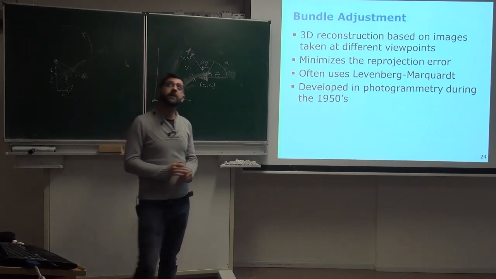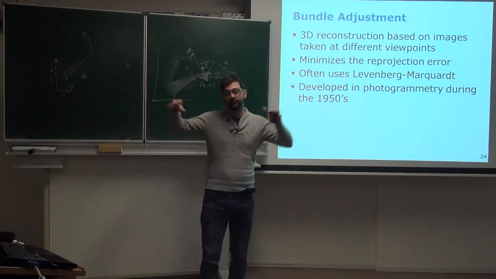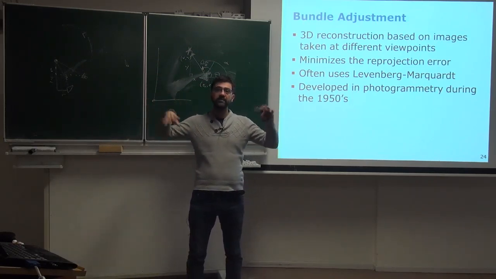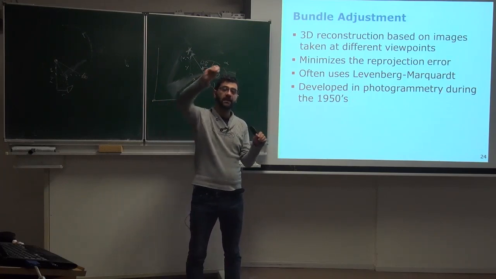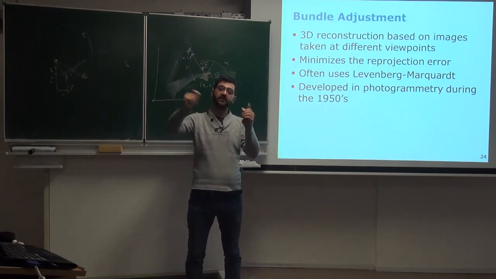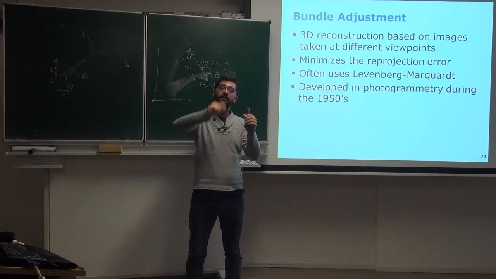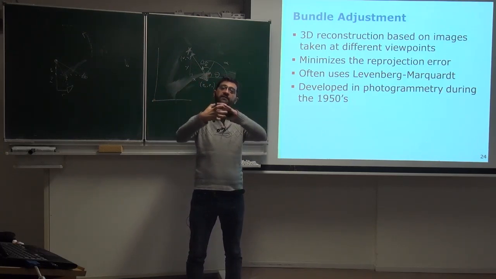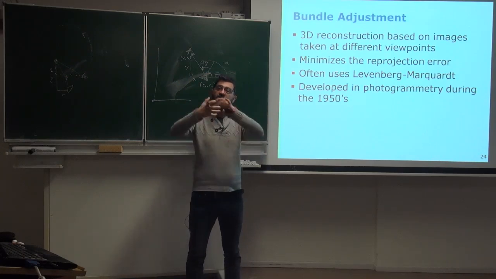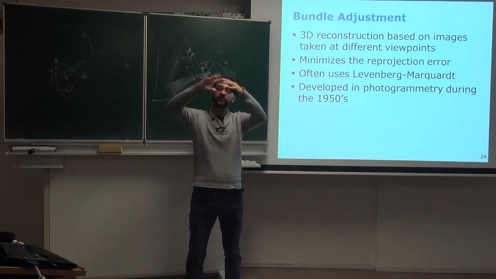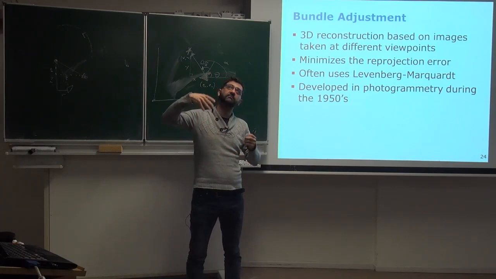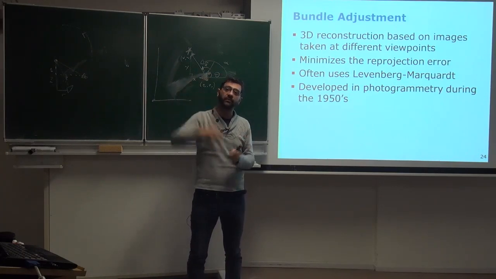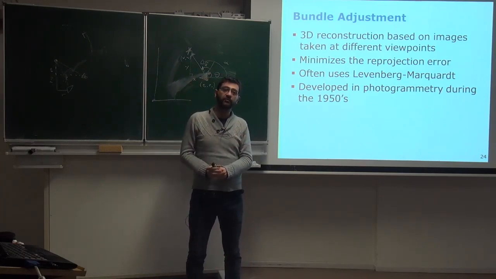The name comes from the fact that if you have a lot of camera poses and some landmarks, there are a lot of lines connecting each pose with the landmarks it observes. This is like a bundle of threads, and they want to adjust the bundle to make sure that the reprojection error on the landmarks is as small as possible.